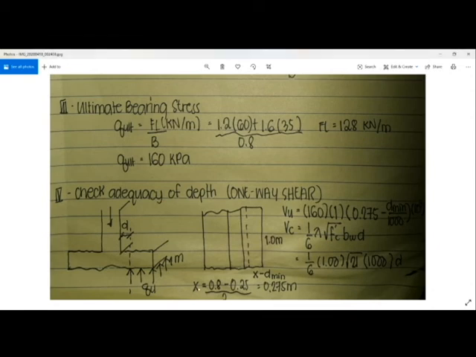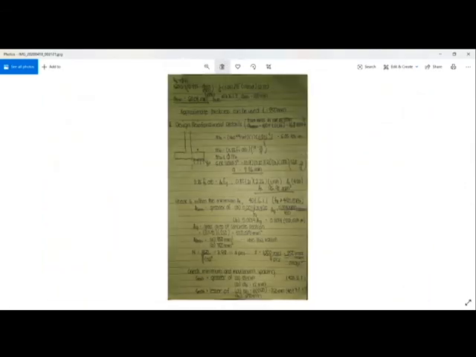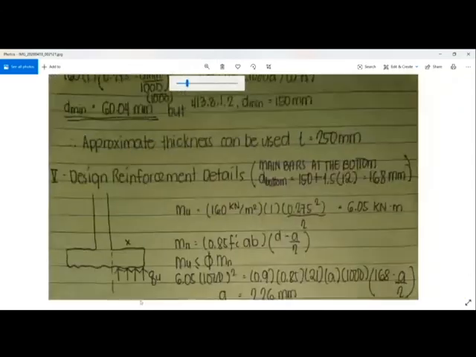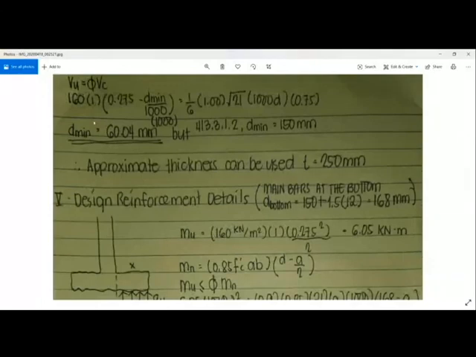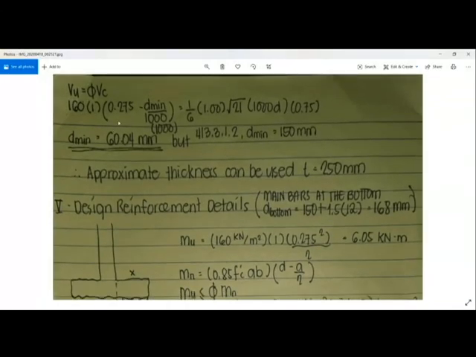We input all the values and equate them all together. So 160 times 1 times 0.275 minus D minimum over 1,000.